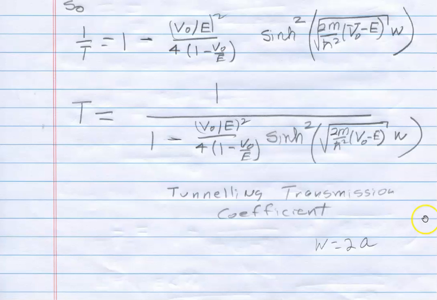And I said early on that this is of some engineering significance. Well, this tunneling transmission is the basis of tunneling electron microscopes. So they look at how many electrons can tunnel through, and they get information about the potentials.